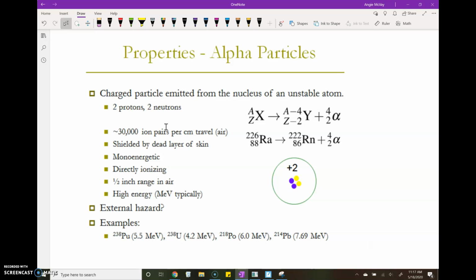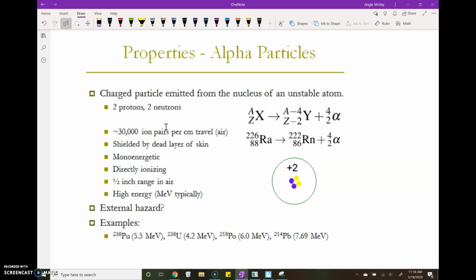Some important things to note about alpha decay is that about 30,000 ion pairs are generated per centimeter of travel. So alpha particles are pretty high ionizers in the air. Remember, it's that ionizing radiation that we're concerned with in terms of causing cancer and stuff like that. However, alpha particles are big, and they're not very penetrative, so they can be shielded by skin.